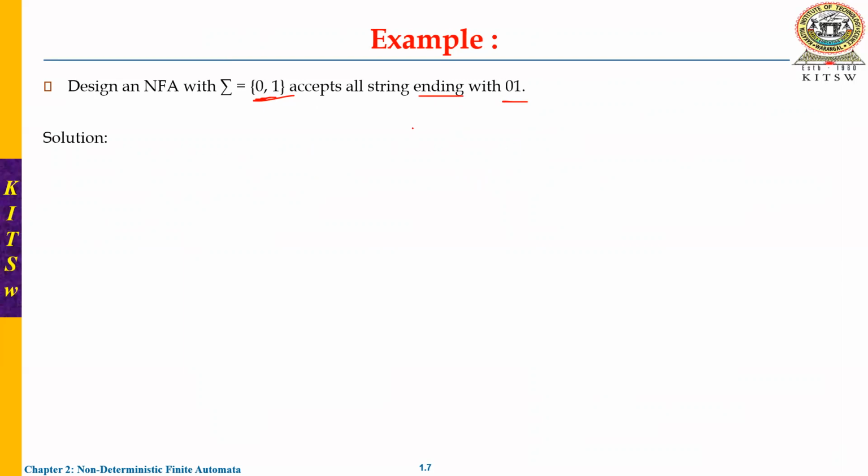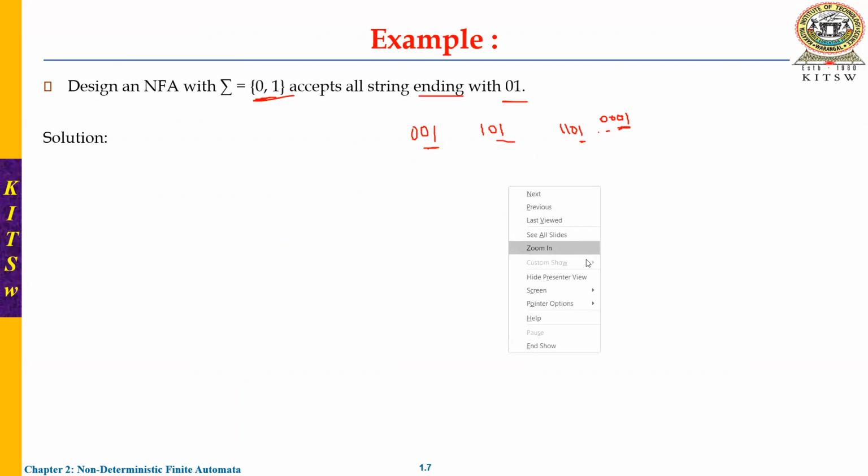That means all strings ending with 0, 1, like 0, 0, 1, or 1, 0, 1, or 1, 1, 0, 1, or 0, 0, 0, 1, and so on. Whatever the string may be, if it ends with 0 and 1, it must be accepted by the machine. For that, you have to construct the NFA.